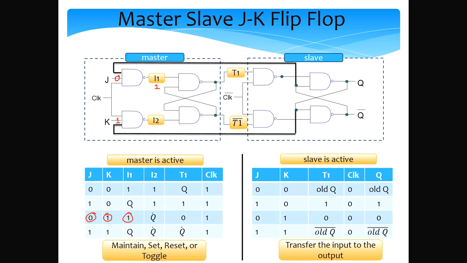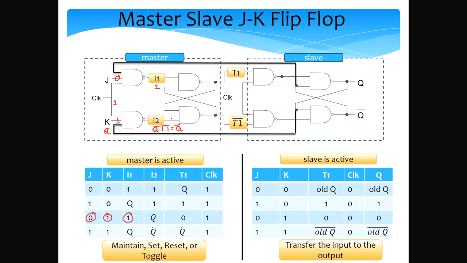So this case is covered. What is not covered is the value of I2. Since the clock is equal to 1 and we are getting Q over here, the value of I2 is Q and 1, entire thing complemented, which is Q bar.